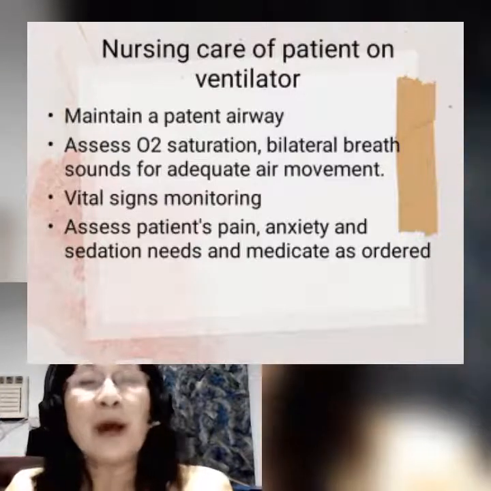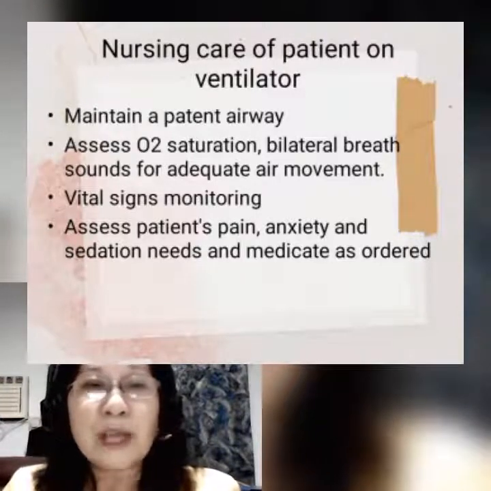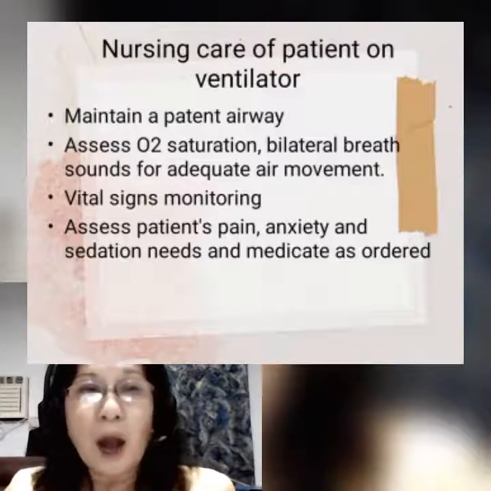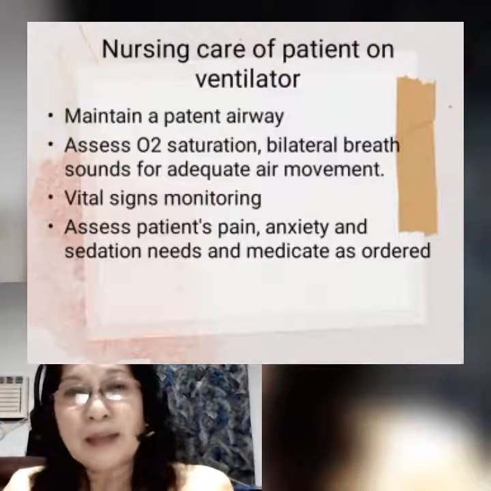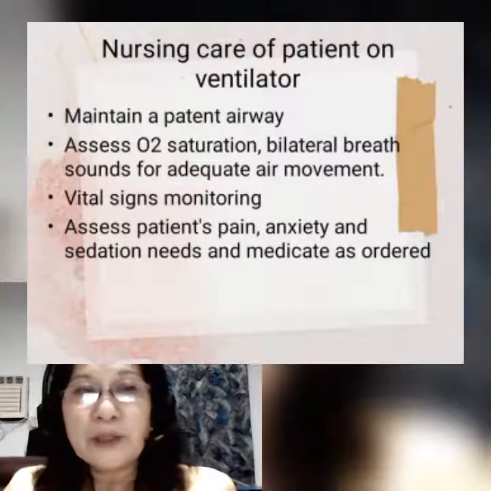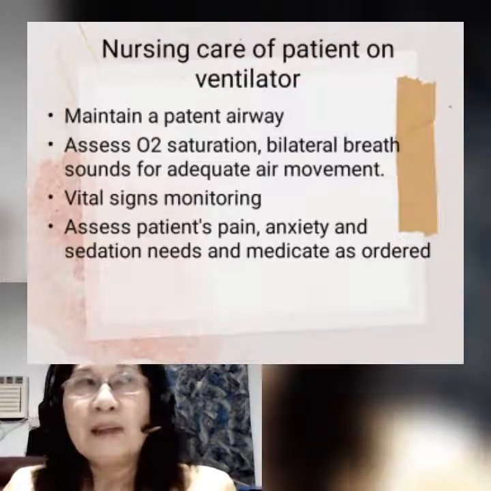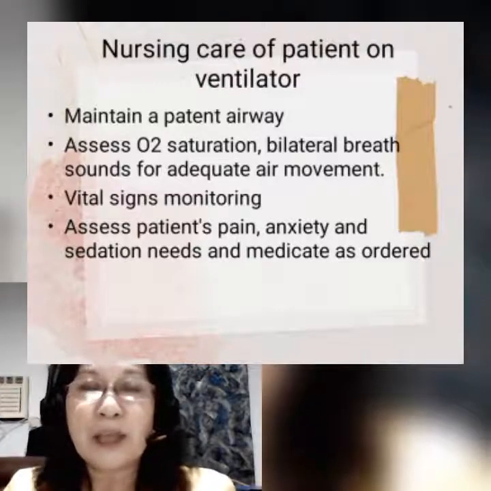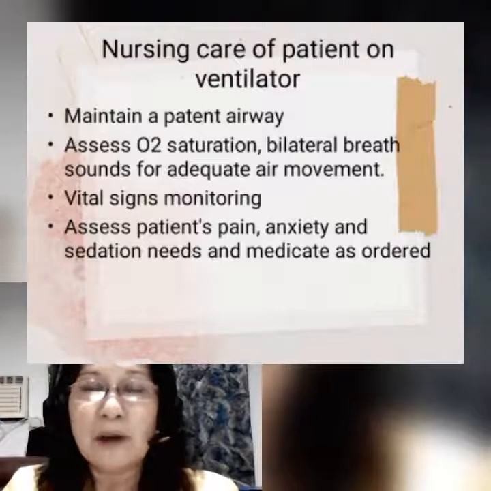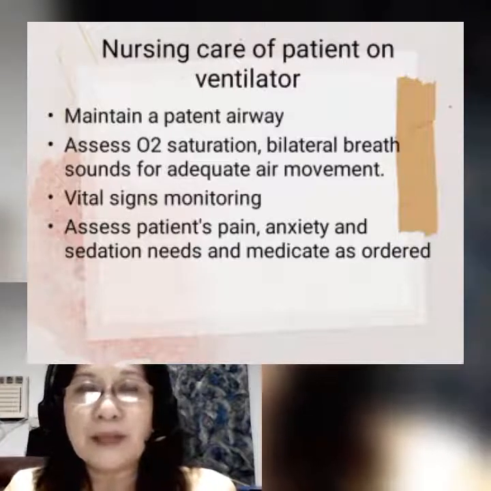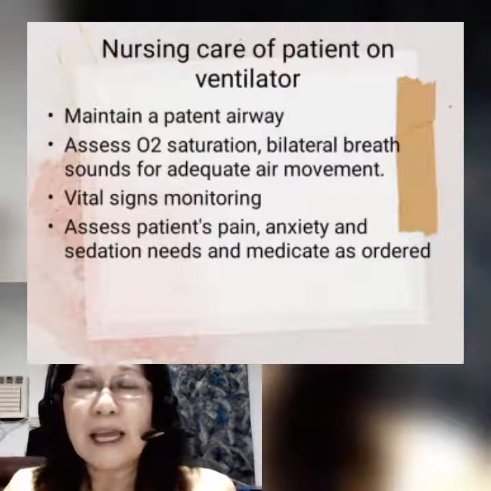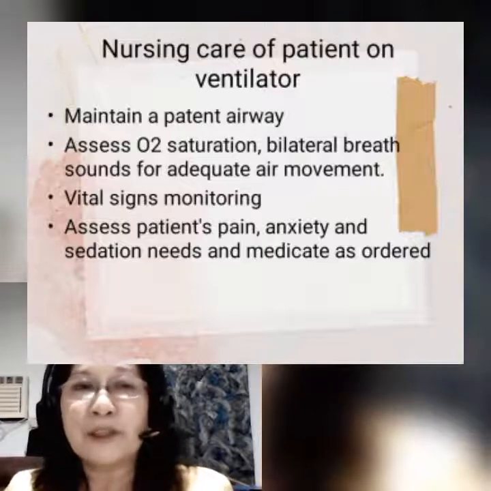Another one is you have to assess the O2 saturation of the patients. How? The patient will be attached to the pulse oximeter. The right access for the pulse oximeter is on the right index finger of the patient. But there are 3 or 4 sites for your pulse oximeter.